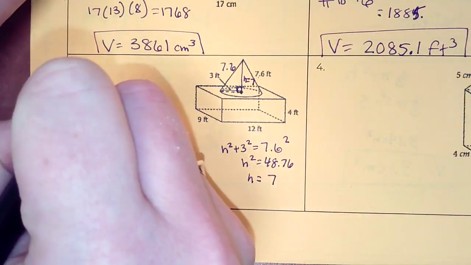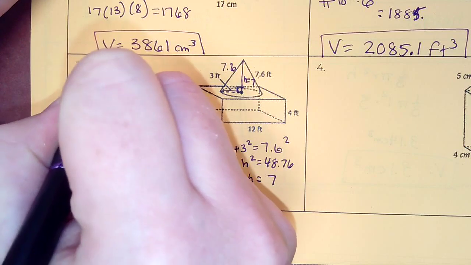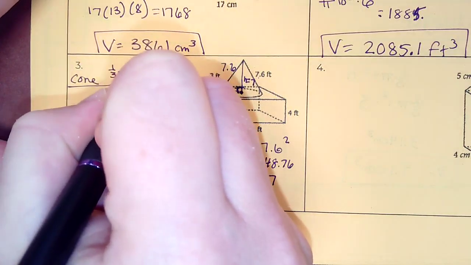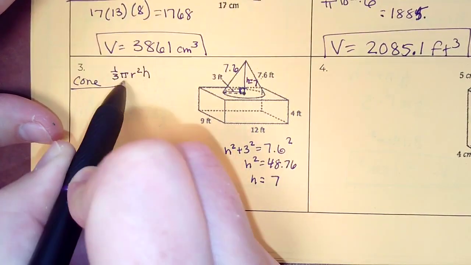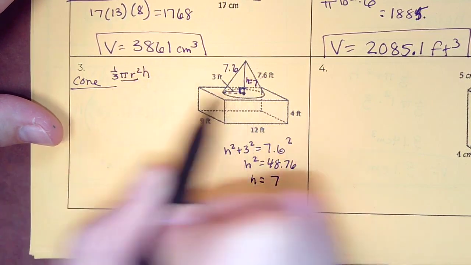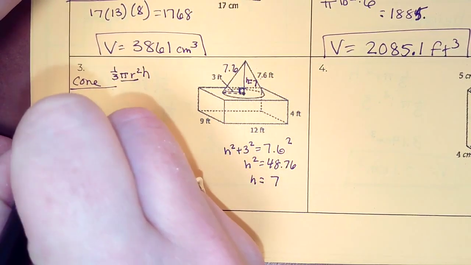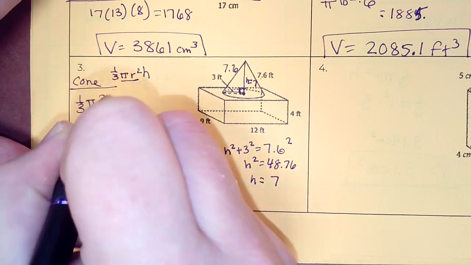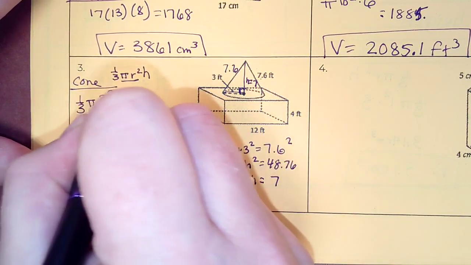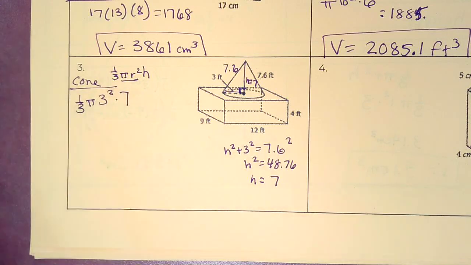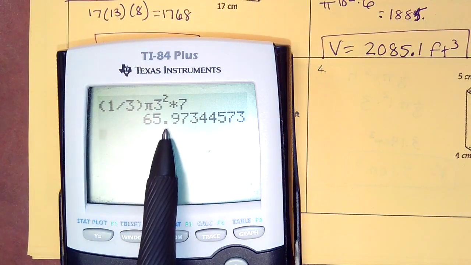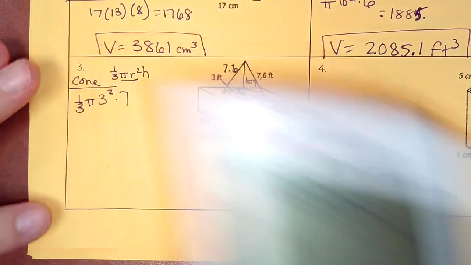So cone, that's 1/3 pi r squared h. 1/3 times the base area, pi r squared, a circle, times the height. So 1/3 pi 3 squared times the height of 7. 65.97, so 66.